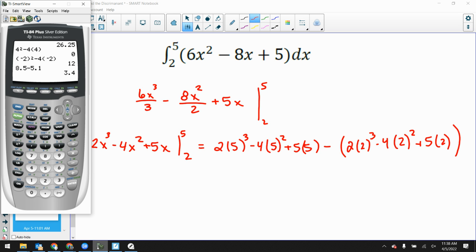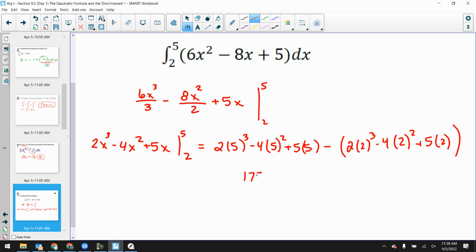All right, so let's plug it in. We got 2 times 5 to the third minus 4 times 5 squared plus 25. I'm just going to evaluate that real quick. 175.